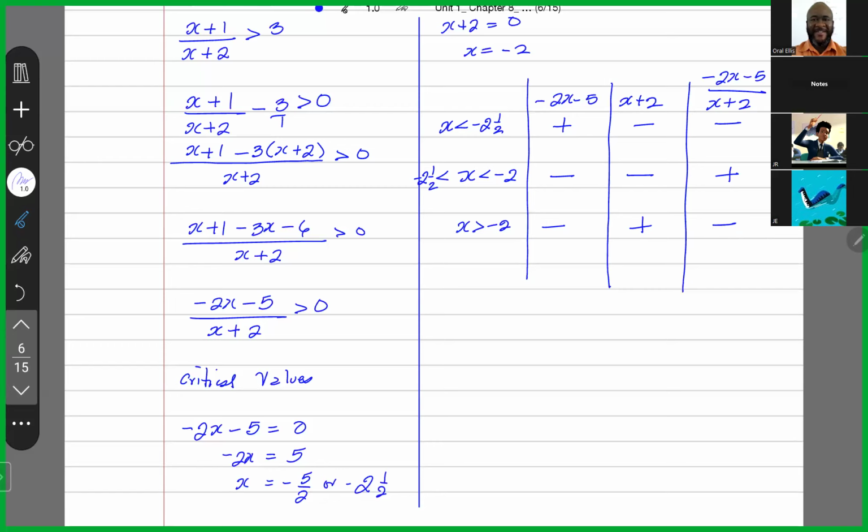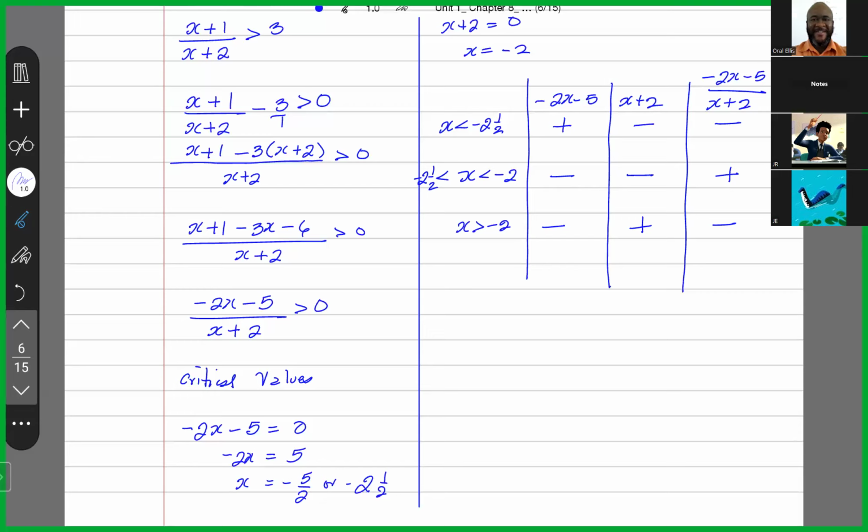Now, my solution would be the values of x where minus 2x minus 5 over x plus 2 is greater than 0, or where minus 2x minus 5 over x plus 2 is positive.